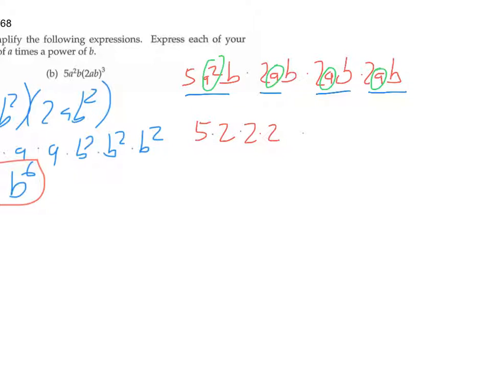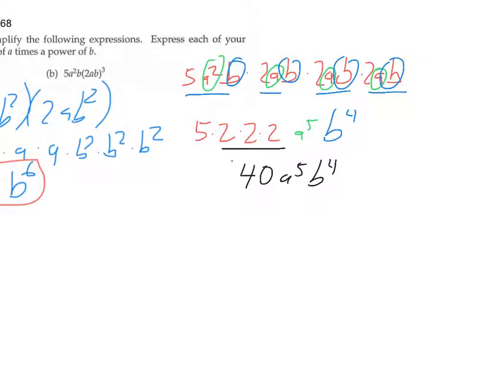So a to the 5th, and then if we look at our b's, we've got b, b, b, b, so that looks like b to the 4th. Okay, so 2 times 2 times 2 is 8, times 5 is 40, so we have 40 a to the 5th b to the 4th, and there's our answer for the second one.